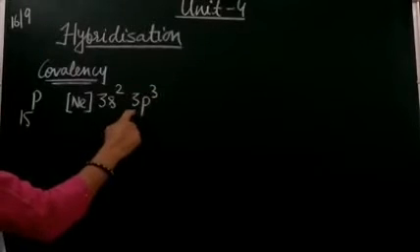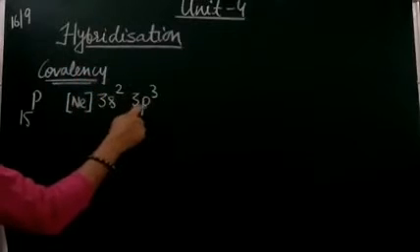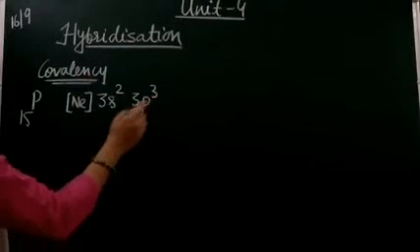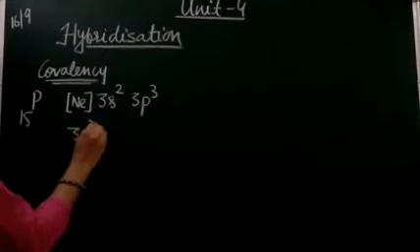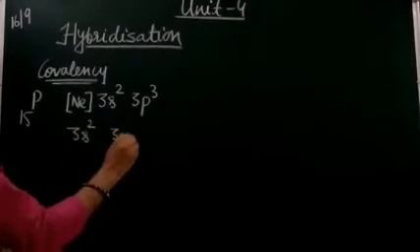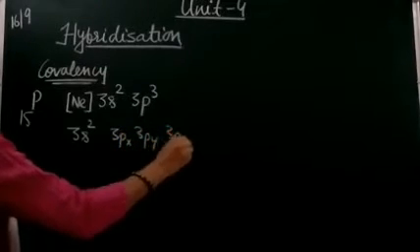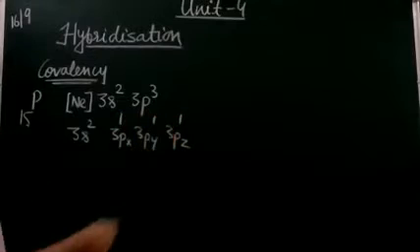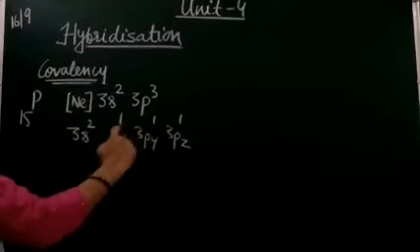So the number of half-filled orbitals at first glance is 3: 3s2, and 3px, 3py and 3pz being 1, 1 and 1. So students, the covalency here is 3, right?